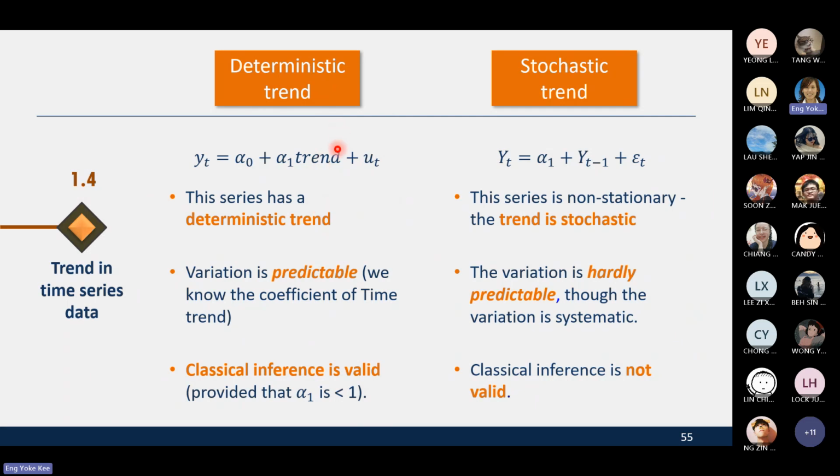If you suspect that the series is moving in a linear trend pattern way, you put a linear trend on your right-hand side. So what do you see? You see that the movement in the data will be captured by this alpha 1.